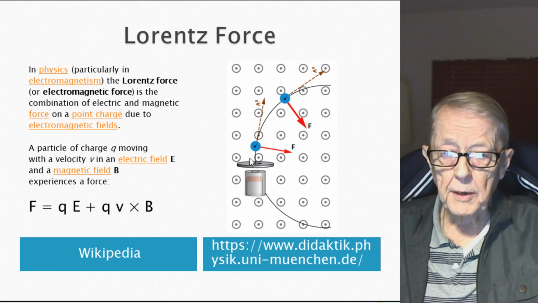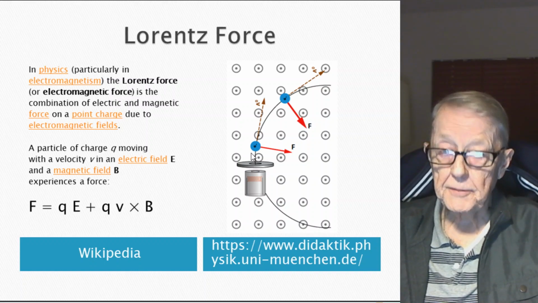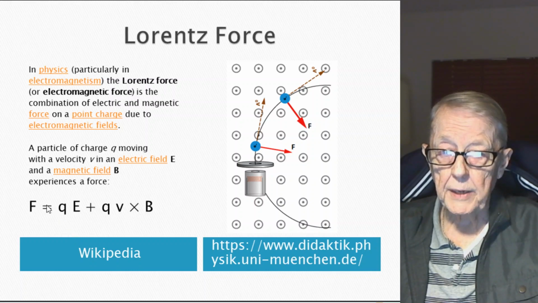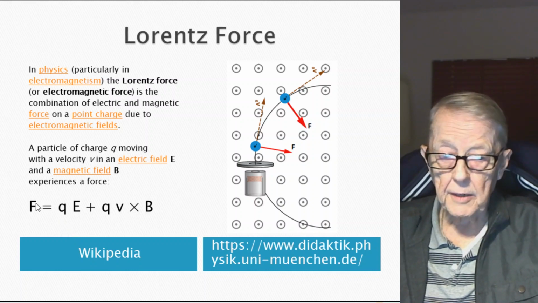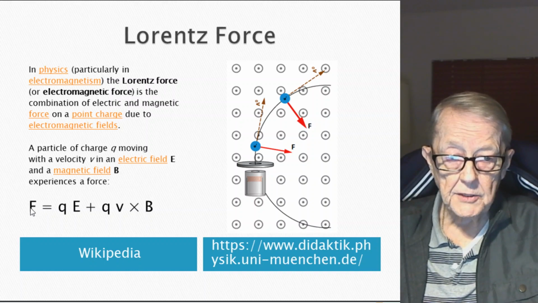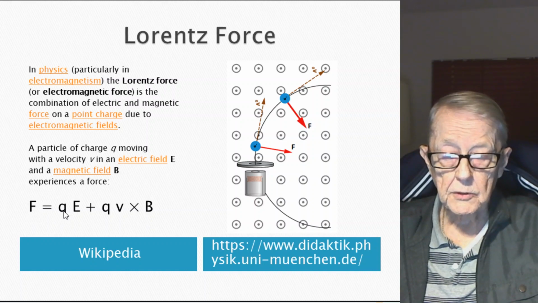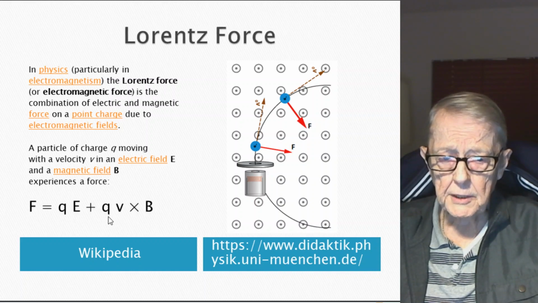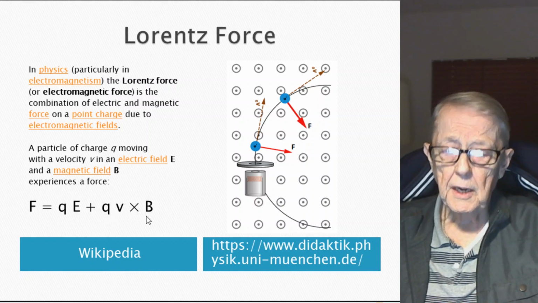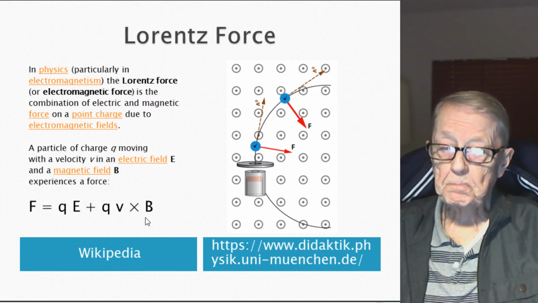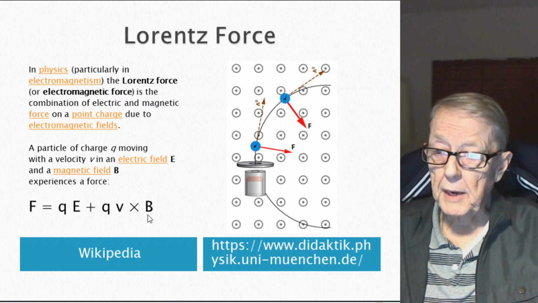One of the explanations they give is based on the Lorentz Force, an equation developed by Heinrich Lorentz. The force is equal to the charge times an electric field, plus the charge times the velocity times the strength of the magnetic field.